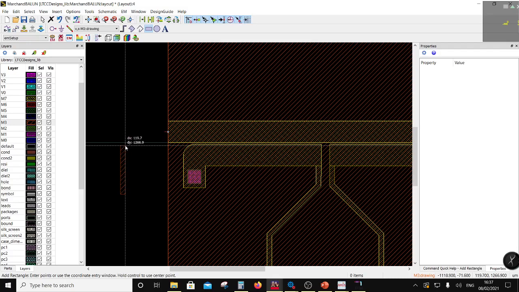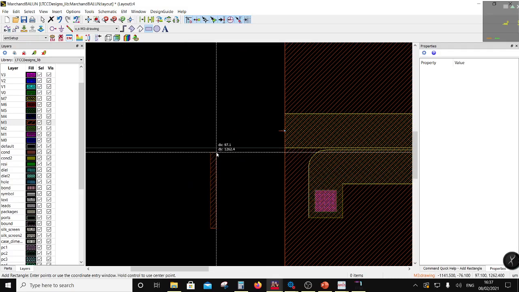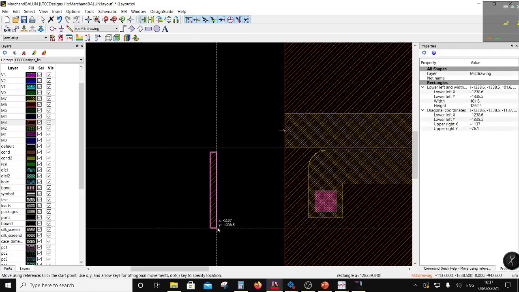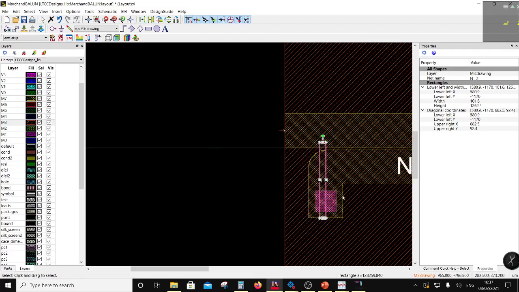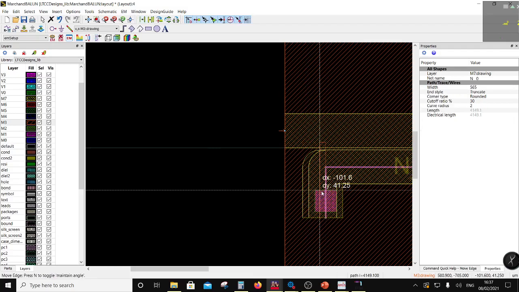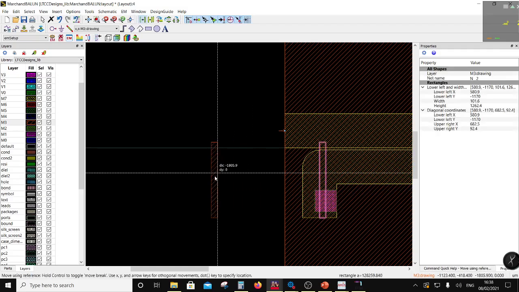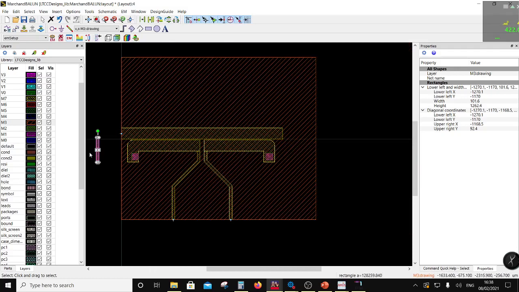So roughly 101. Okay, fine. I'm going to use this for measurement. I want to move this guy to here. So this is 100 micron bigger, and the same thing I'm going to do on the other side.